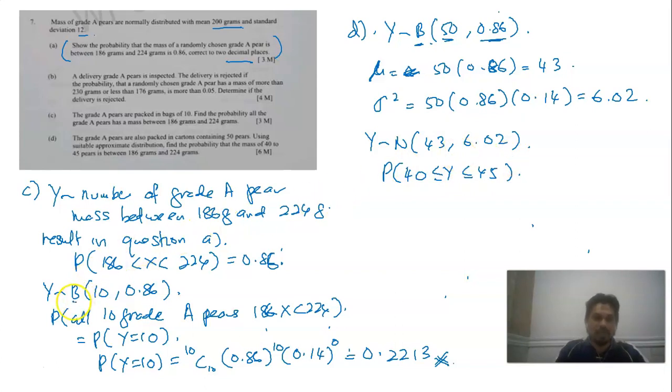From binomial to normal, please remember we need to add an element of adjustment, which is plus or minus 0.5. So for this one, the probability of 40 becomes 39.5, and 45 becomes 45.5.